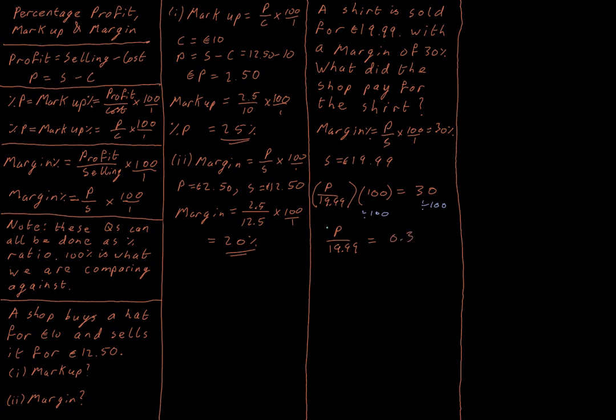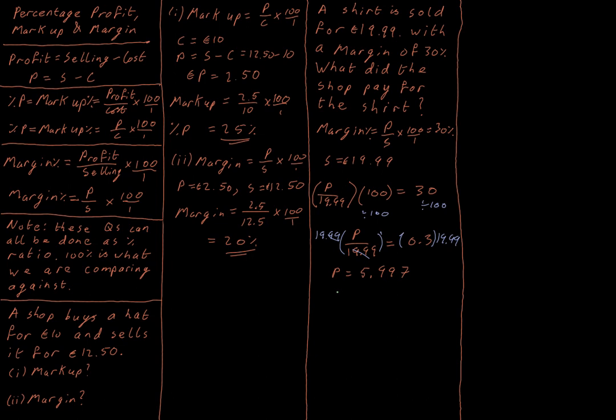And then I want to get the profit by itself. So I'm going to multiply both sides by the denominator. Pardon, I didn't leave myself space. 19.99. And I need to multiply here by 19.99. So 19.99 divided by 19.99 leaves me with 1. So I have the profit is going to be equal to 5.997.